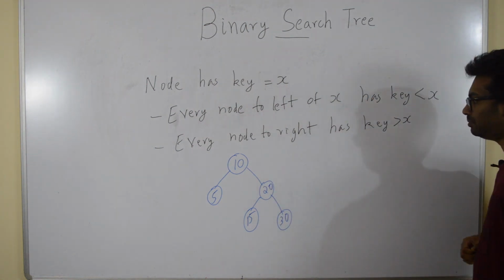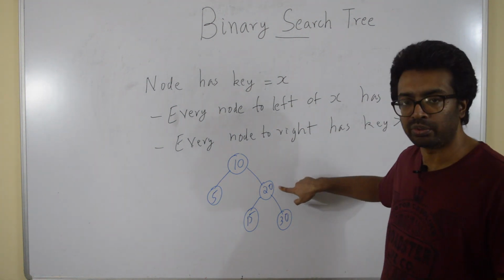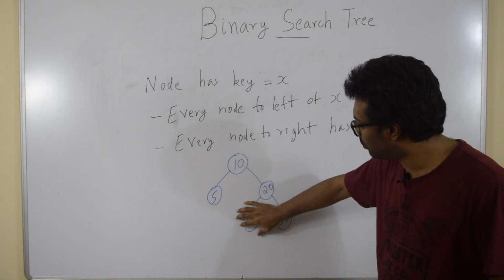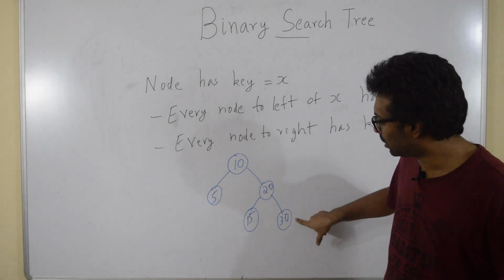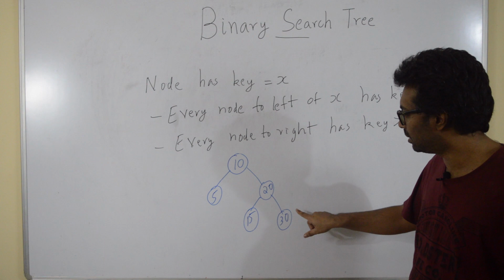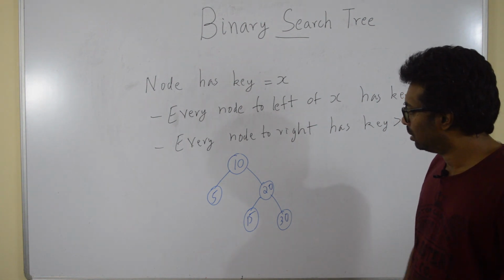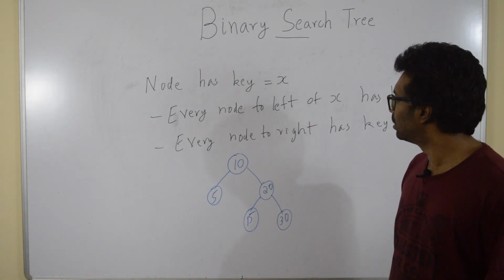Good. Now let's come to this node, 20. Every node to the left of 20 has to be less than 20. Is it correct? Yes, 15. Every node to the right of 20 has to be greater than 20. Is it correct? Yes. So this is good.